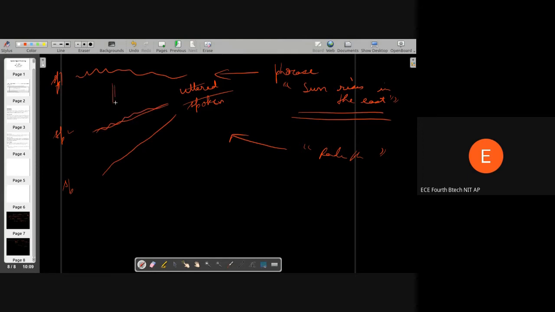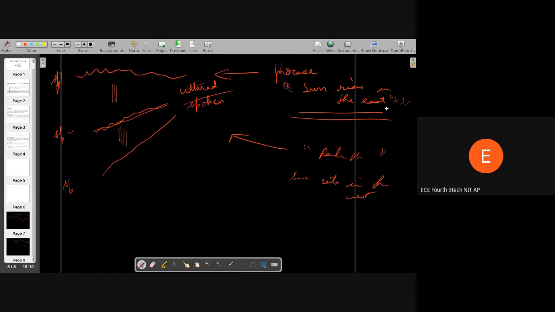These will have quite a lot of similarity compared to, say, speaker one saying "sun rises in the east" and speaker two saying "sun sets in the west." If you compare those, there will be a lot of difference compared to both speakers saying "sun rises in the east."